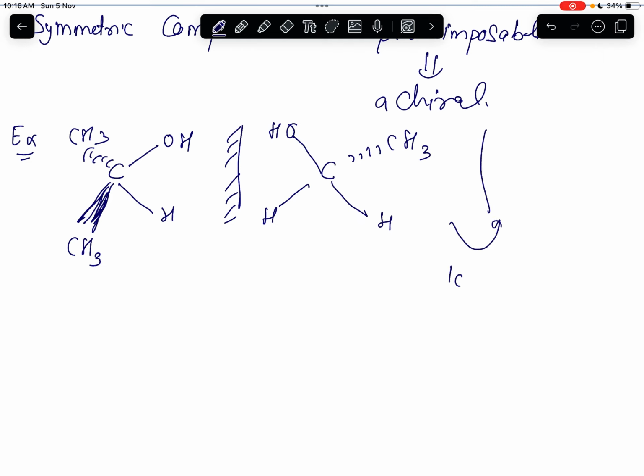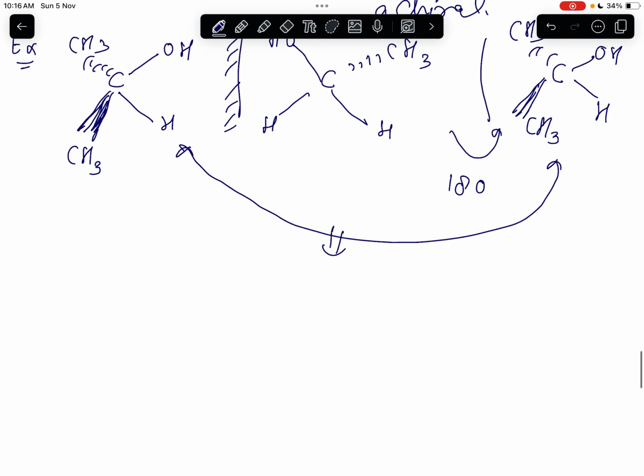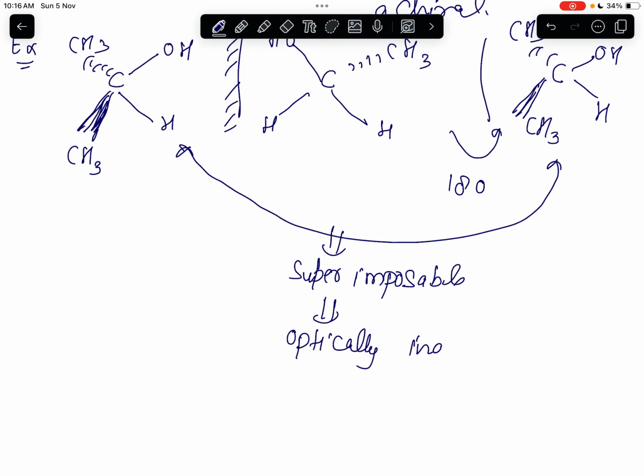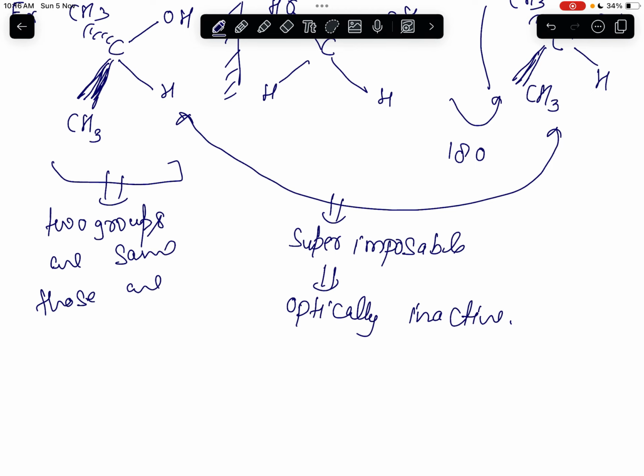If we rotate it by 180, then again the same compound will generate. So we can see these are superimposable images. That means they are optically inactive. And we can identify here the two groups are the same, those are methyl groups.